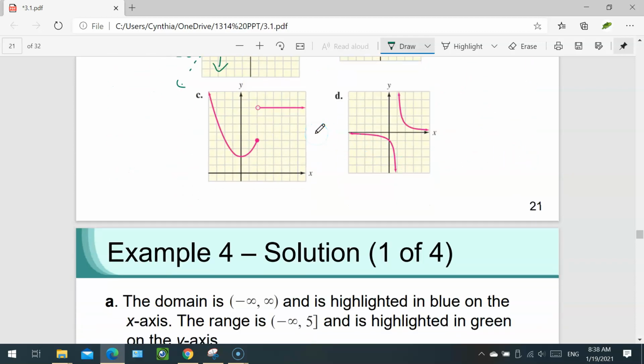Now we look at the C. On the leftmost left-hand side, it has an arrow. So that tells us it will continue going to negative infinity forever on the horizontal axis. So we write down the domain, starting from negative infinity, comma. The most right-hand side comes with an arrow as well.